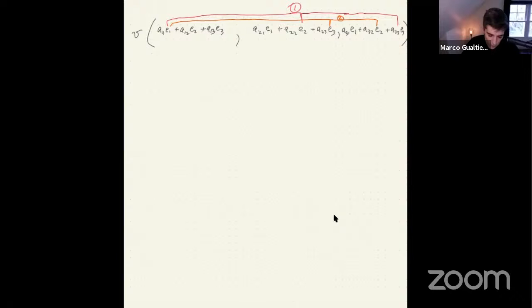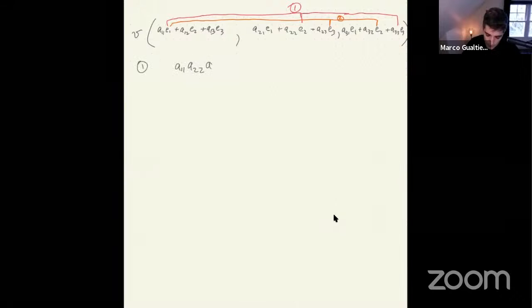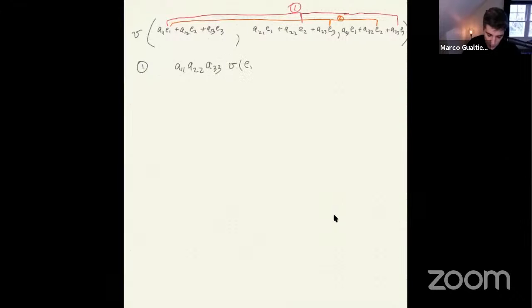So when I work the first term, I get A11, A22, A33, V, E1, E2, E3. Then the next term, A11, A23, A32, V, E1, E3, E2. Let me do one more term.